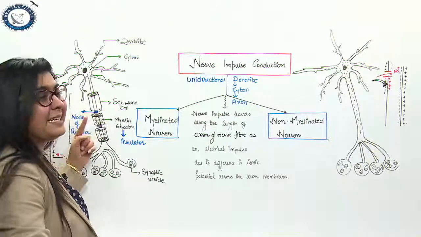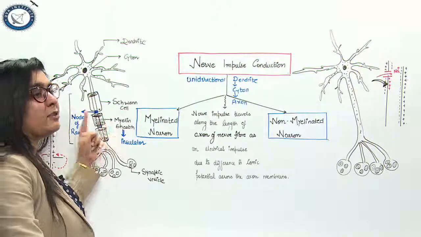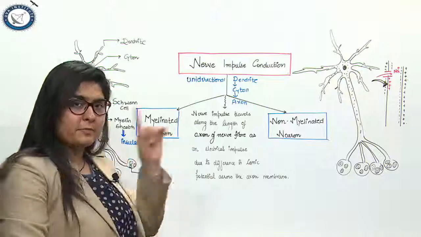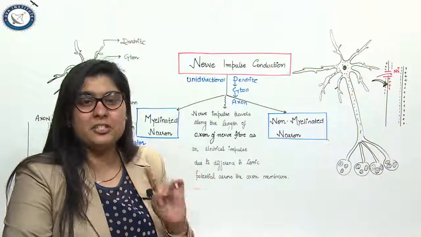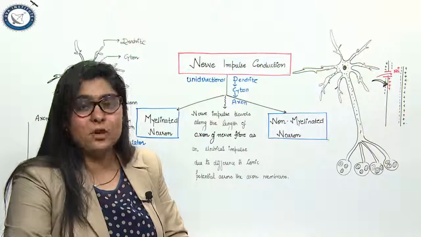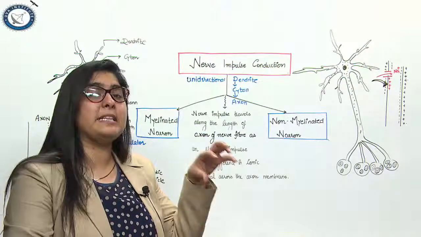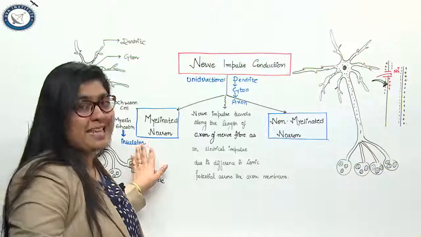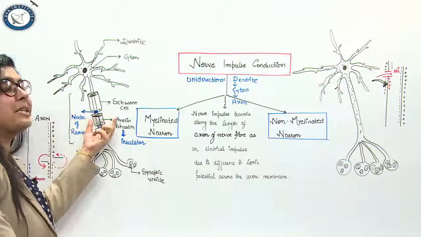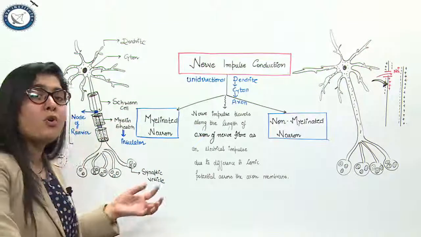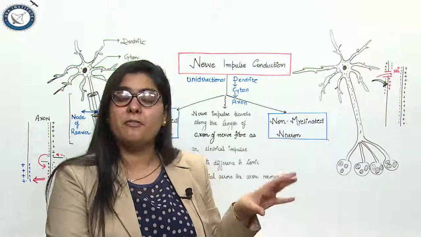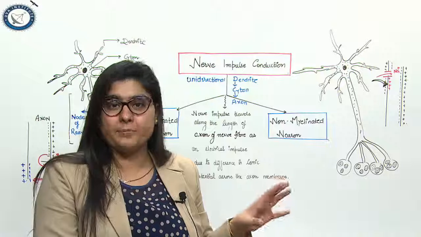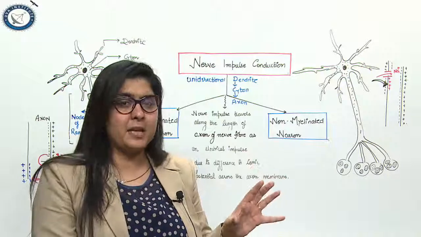These Schwann cells synthesize a myelin coating in the form of repeated wreath-like concentric layers over the axon, and this myelin sheath now acts as an insulator. That means in the area where the myelin sheath is present, there will be no entry or exit of ions across that particular area of the axon membrane.